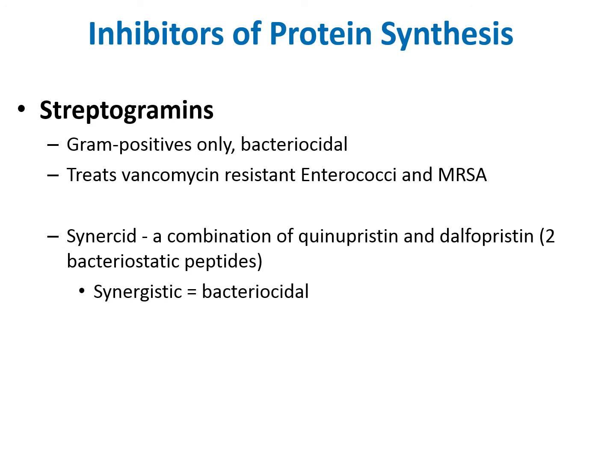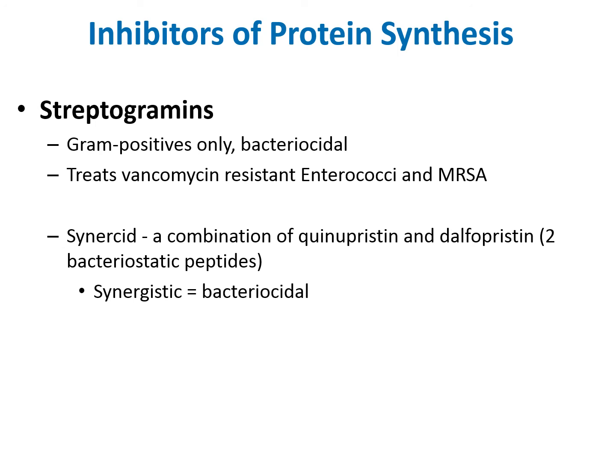Okay. Now, here's the kind of cool thing about this drug. It's actually not just one drug, but it's two. So the drug is Synercid, and it's made up of two bacteriostatic peptides. The first one is quinupristin, and the second is dalfopristin. And these two peptides have what's called a synergistic effect.